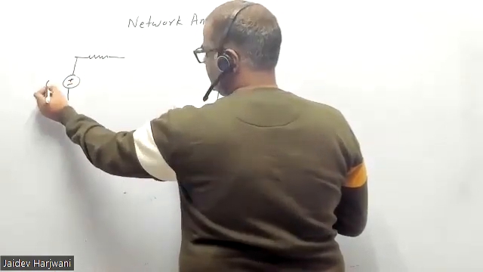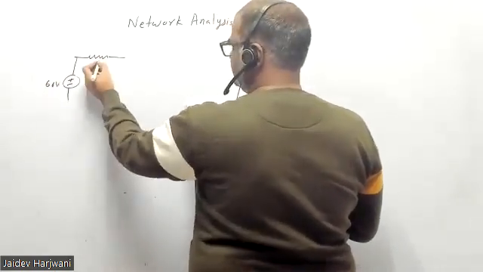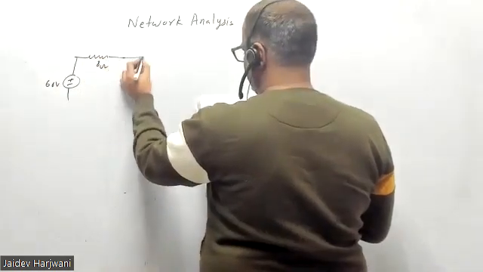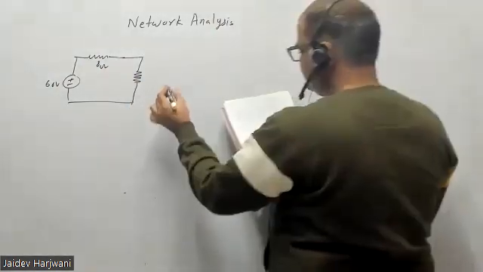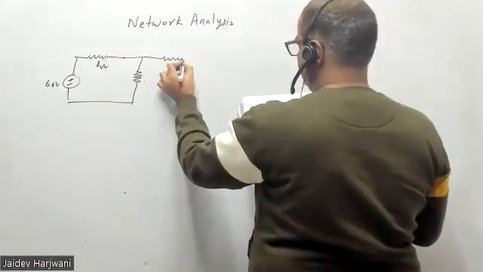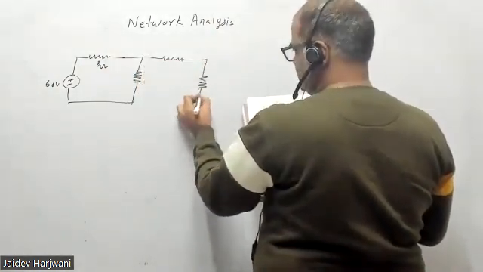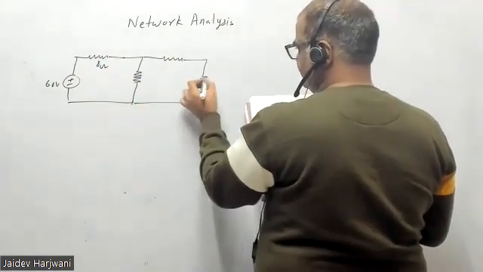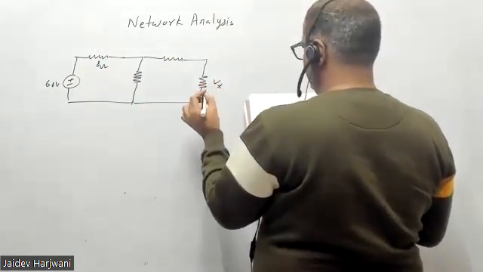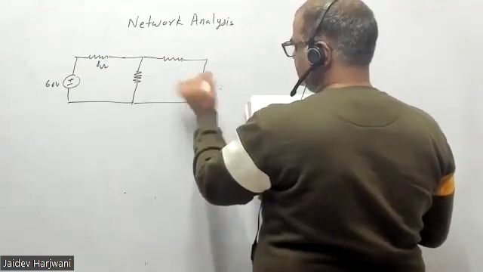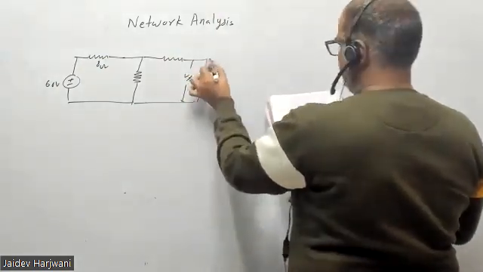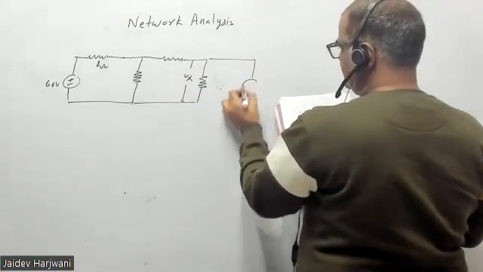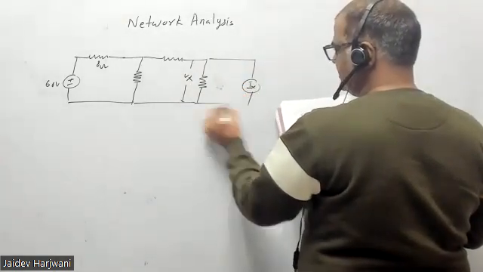So say you have plus minus 60 volt. This is your 8 ohm. Now you have learned, now you have to tell me what is the answer. I will not solve. Say this is Vx, and say this is a current source Ix.